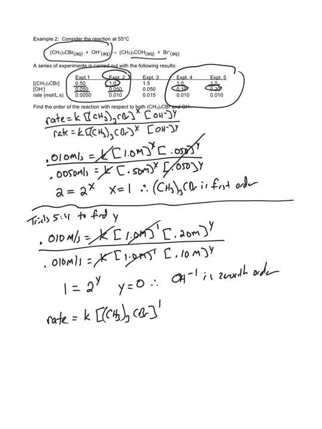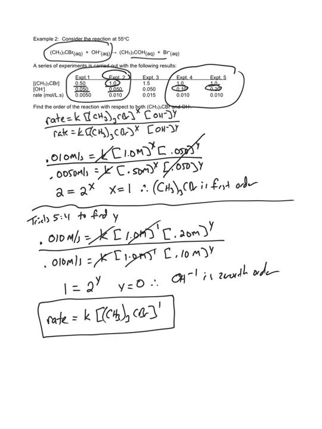And because hydroxide is to the 0th, any number raised to 0 is effectively going to be 1. So whenever we have a 0th order reactant, we don't even need to include it as part of the rate law. So right there is the experimentally derived rate law for this chemical reaction.